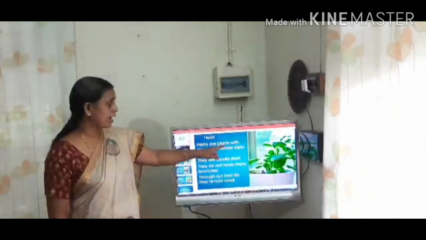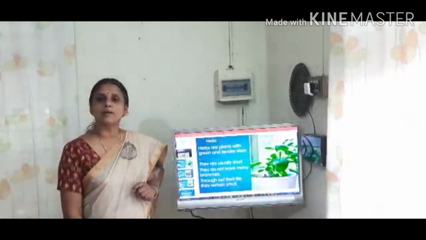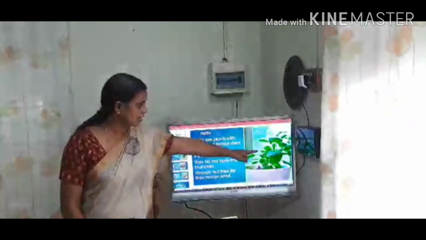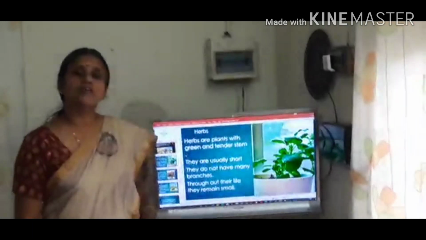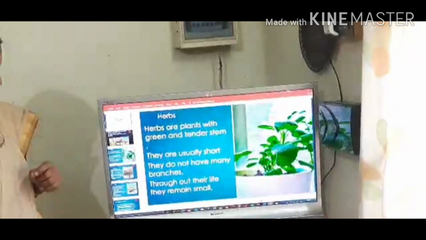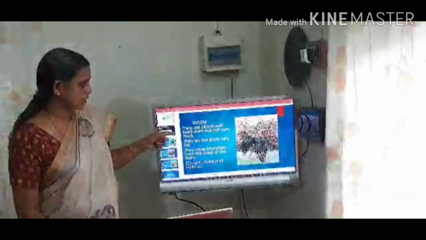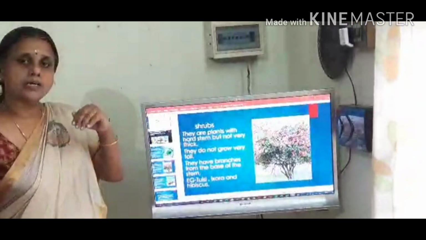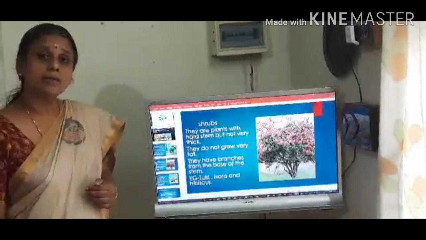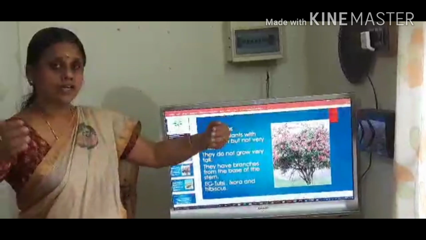They have green and very tender stem. Then the shrubs are a little bit taller than herbs. They grow up to 1 to 2 meters. They are having hard stem but not very thick.